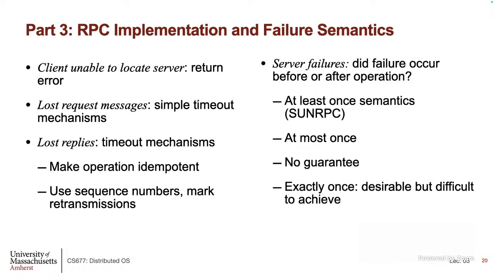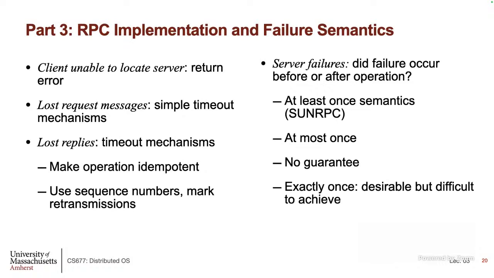Okay? So first is, let's say the client is running. You make an RPC request. Okay? You are unable to locate the server. Either the server has crashed or is not running at all. Okay? So in this case, your RPC call is going to return with an error. This is not something you are going to encounter in a local procedure call.